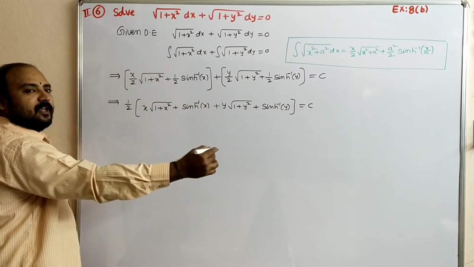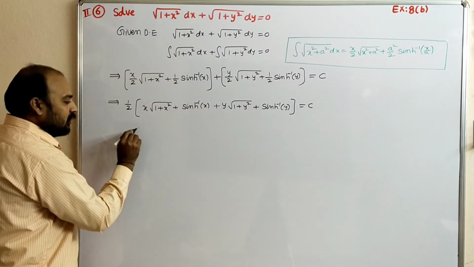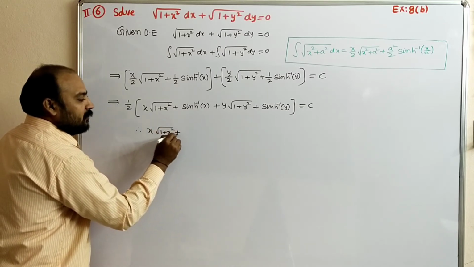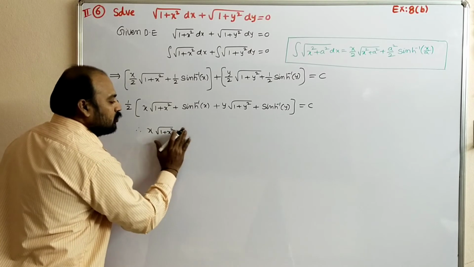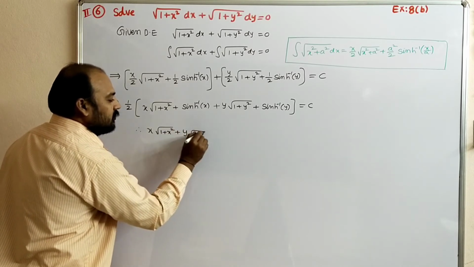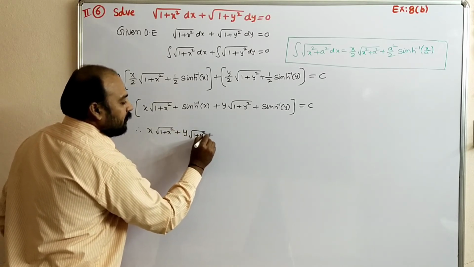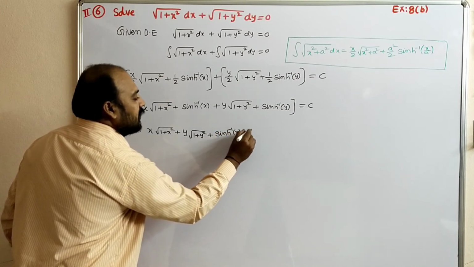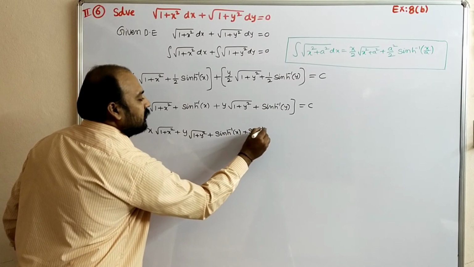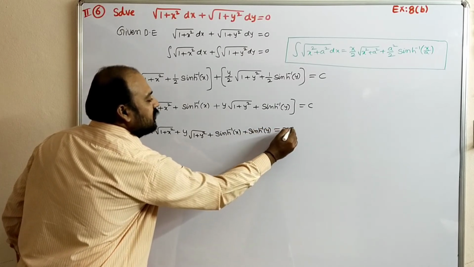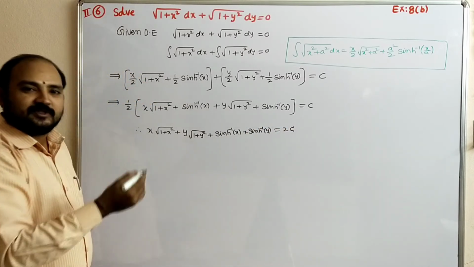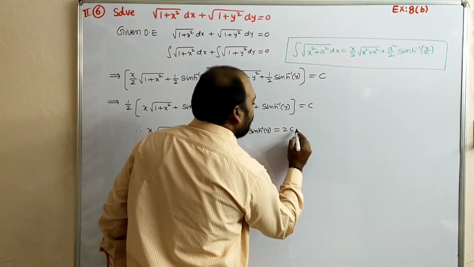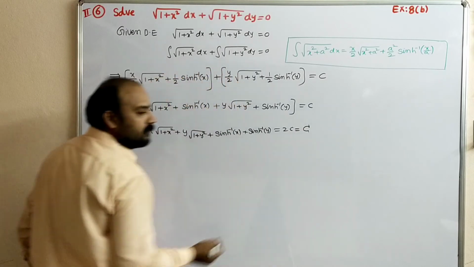Even that c also we can take on that side. Therefore, the rest of the terms: x into root of 1 plus x square plus y into root of 1 plus y square plus sin h inverse x plus sin h inverse y is equal to 2c. Even 2c we can write as capital C also.